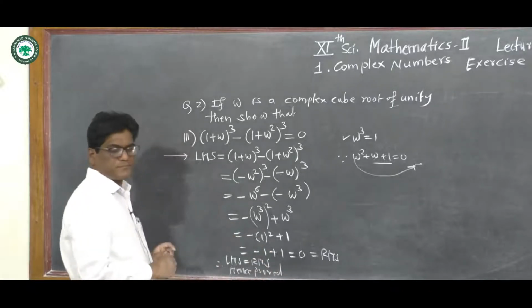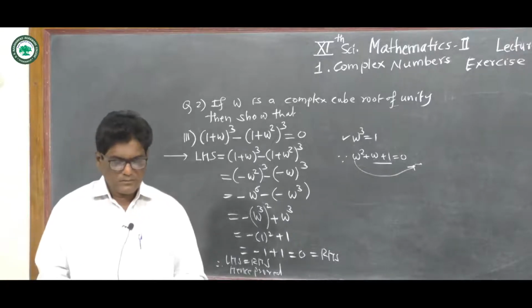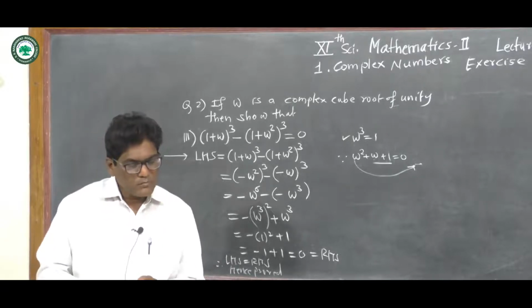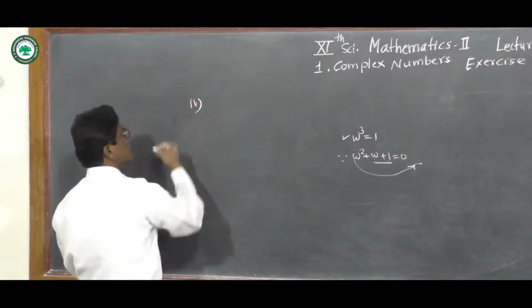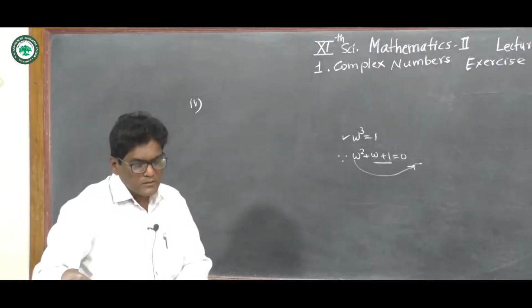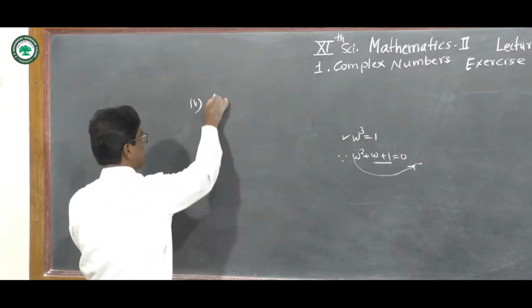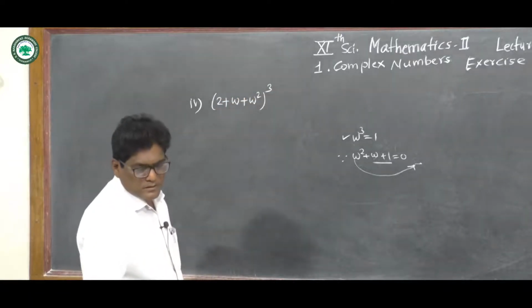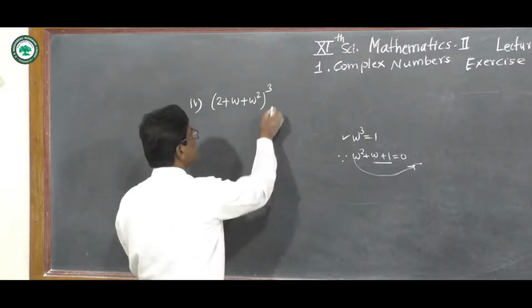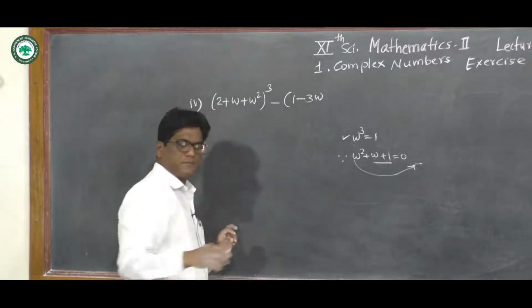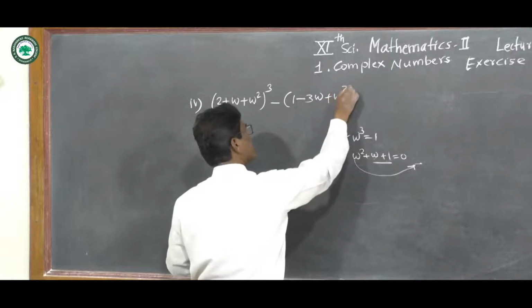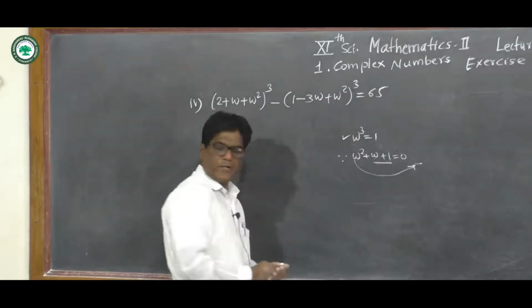Now next, fourth problem. Here we have to show that 2 plus omega square to the power 3 minus, in bracket, 1 minus 3 omega plus omega square to the power 3 is equal to 65.